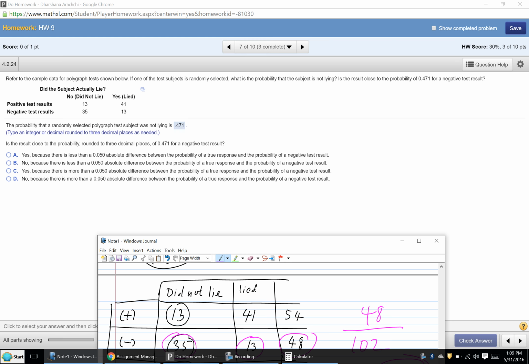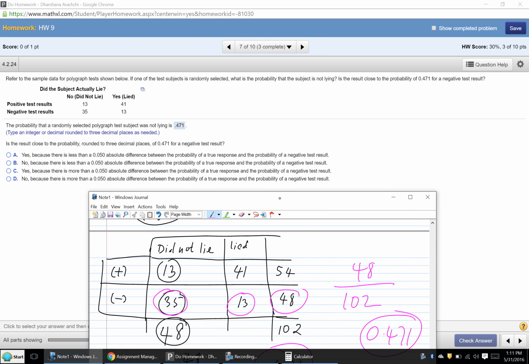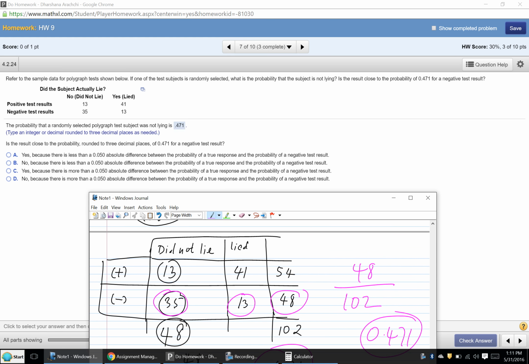Let me read this question real quick. Just give me one second, I'll be back. Well, I'm back again. The way they have worded these problems is truly confusing.